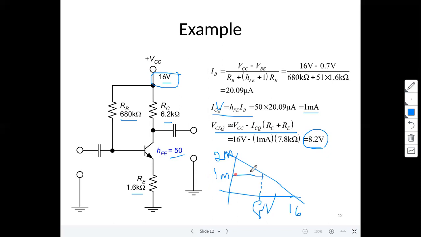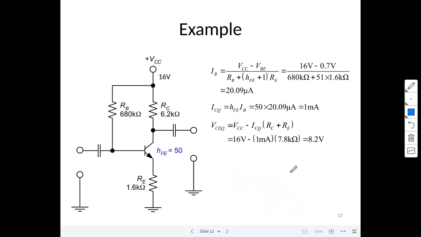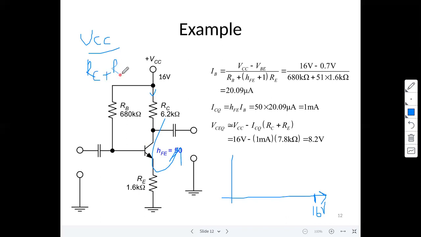This is about the DC load line concept. How to draw the DC load line? First of all, maximum VCE is equal to VCC, 16 volts. Then the remaining one is how to find the maximum collector current. That is approximately VCC by (RC + RE), now there are two resistors.